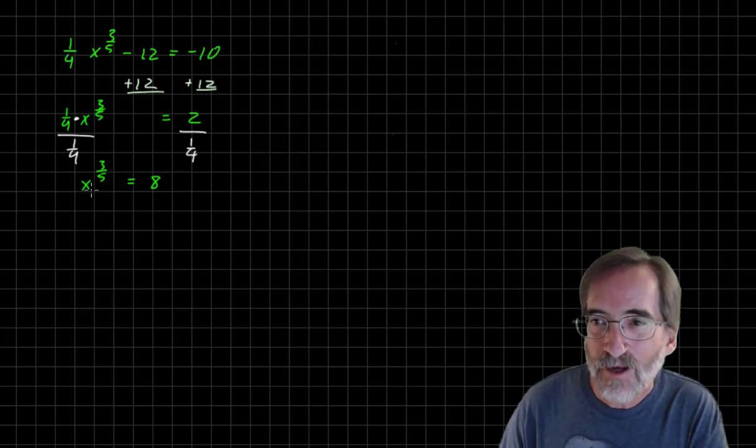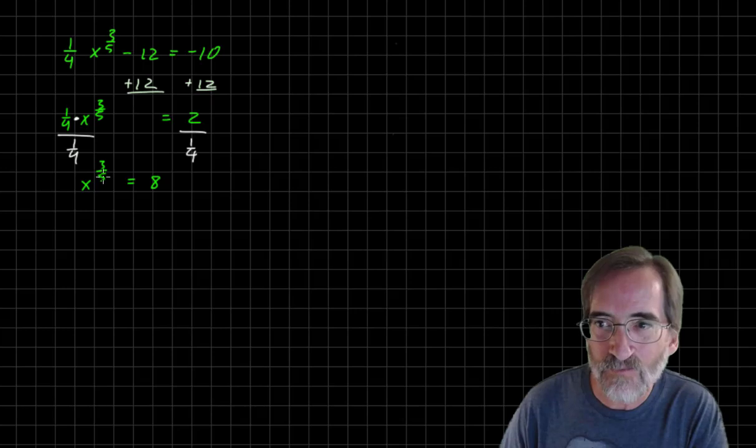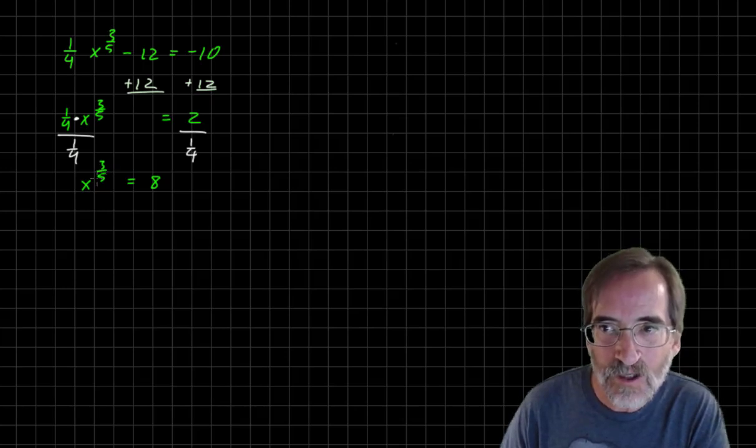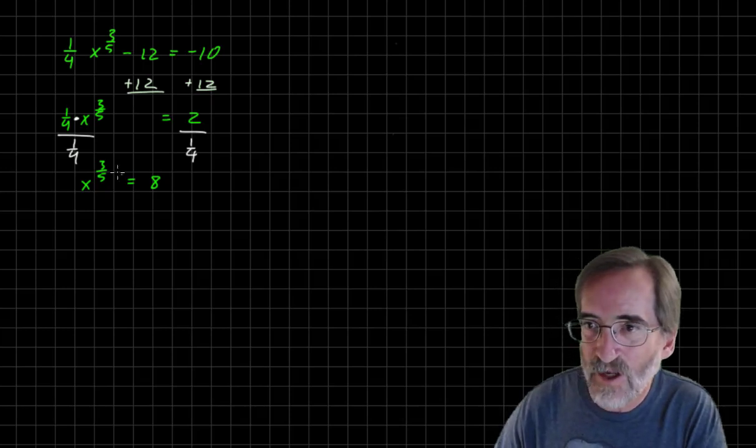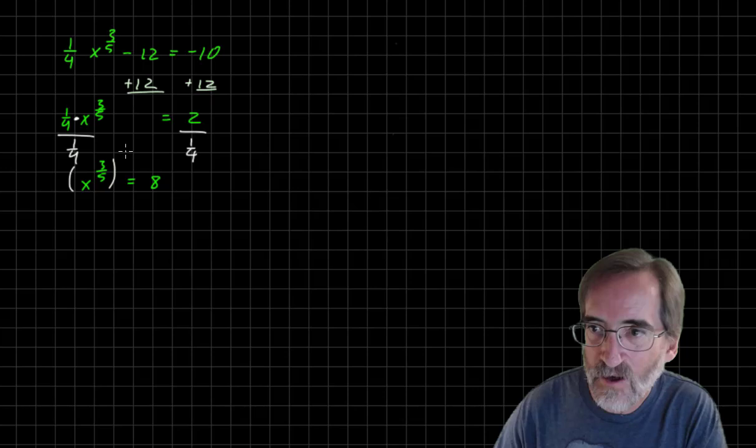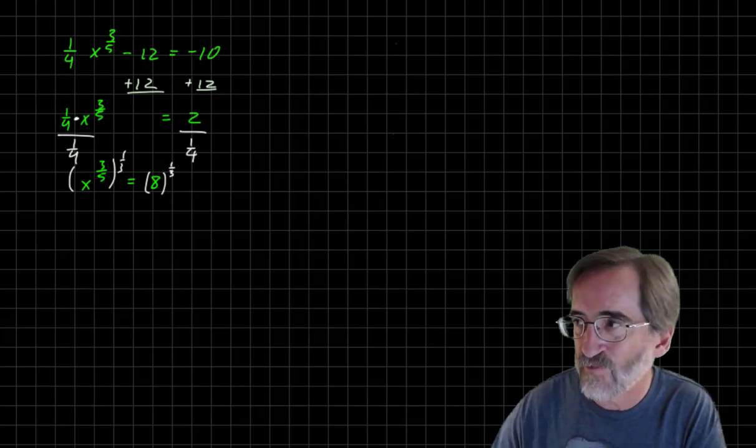Okay? Now here I differ from the book a little bit. I'm going to deal with the 3 first. So I'm going to take the 1/3 power, or the cube root of both sides. In the book, they raised it to the power of 5/3, which reduces it down to one step, but I kind of prefer it this way.